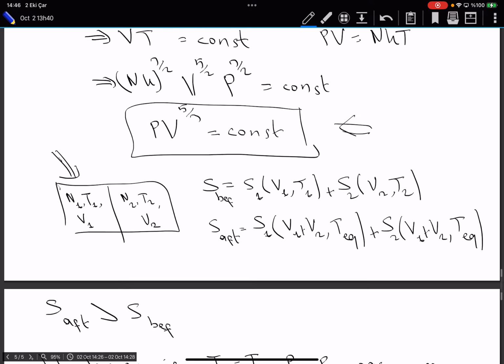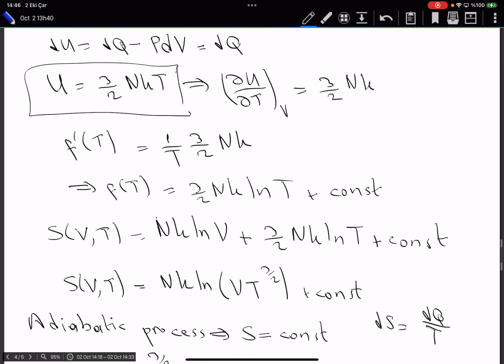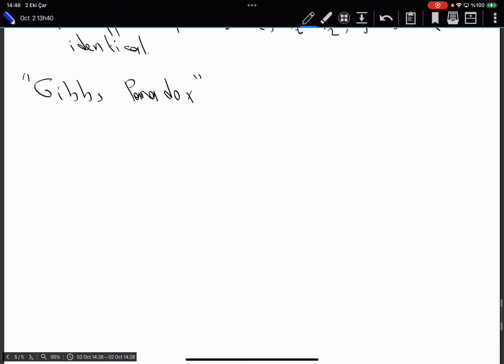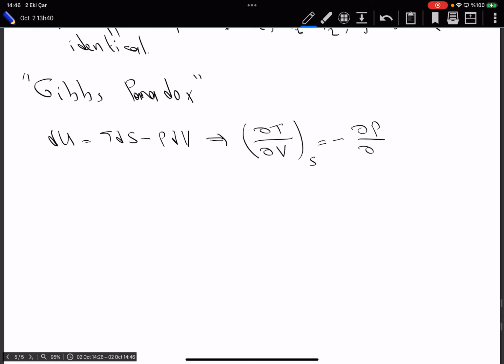So let's continue deriving our Maxwell relations. You see, we had already derived two of them. One, we start with dU equal to TdS minus PdV, which told us that the derivative of temperature with respect to volume at constant entropy is equal to minus the derivative of pressure with respect to entropy at constant volume.